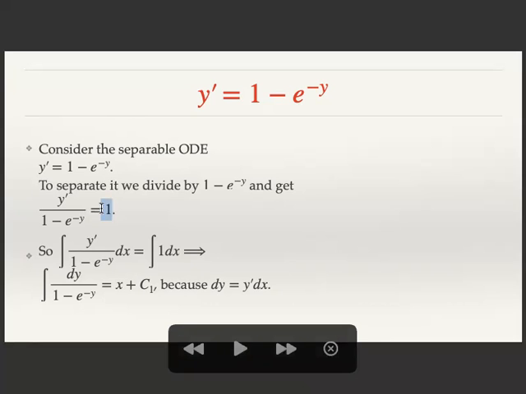So again, there is no x explicitly in the equation, but the constant function 1 here can be considered to be a function of x. And we have, okay, so let's integrate both sides as functions of x. So we have the integral of y prime over 1 minus e to the minus y dx is equal to the integral of 1 dx.